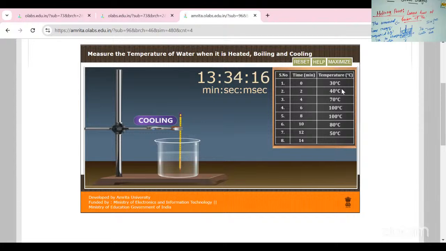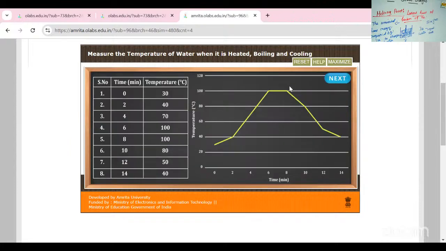After 2 minutes, we will come to 30 degrees Celsius. That is normal water temperature. So the process is how the temperature level increases and decreases. See this graph. Gradually the temperature is increased.